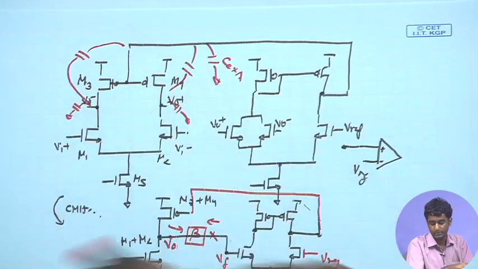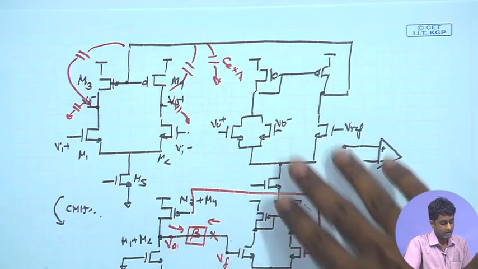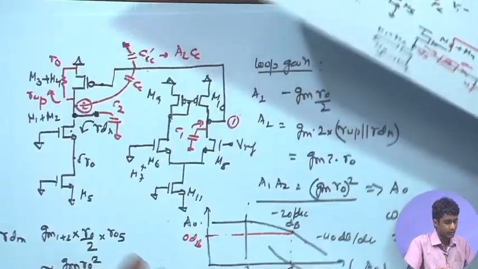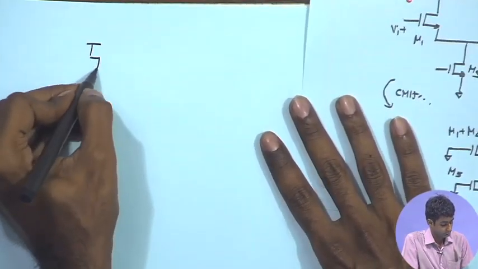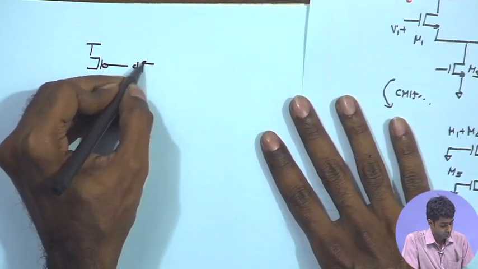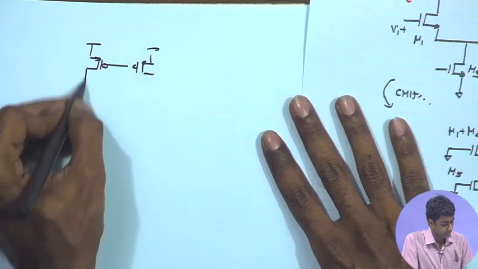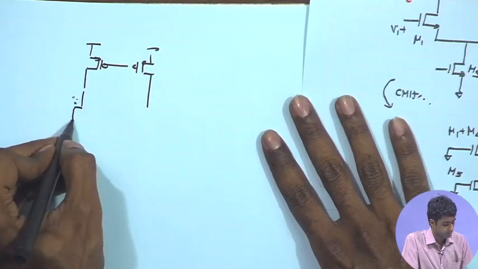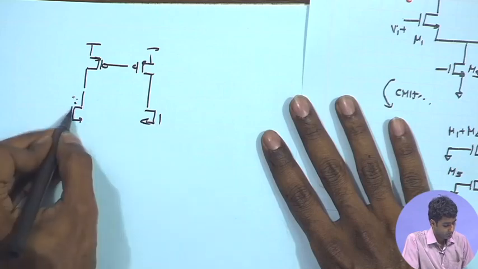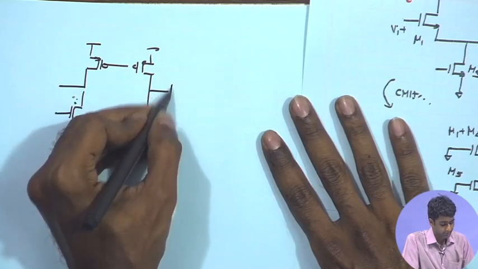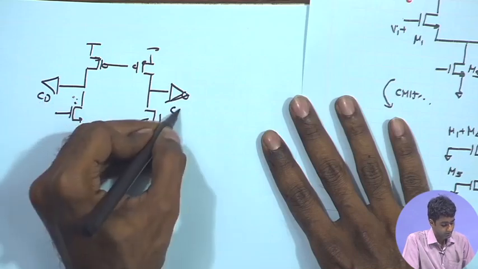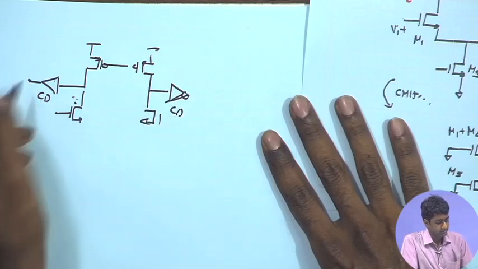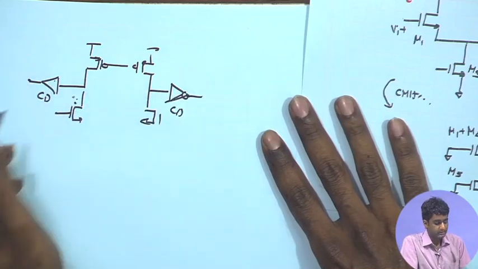So, for example, after these nodes, if you employ buffers rather than directly connecting to the output node, an alternate scheme where you can have buffers, maybe common drain buffers, which have a relatively small output impedance.